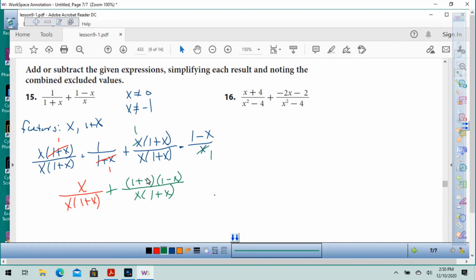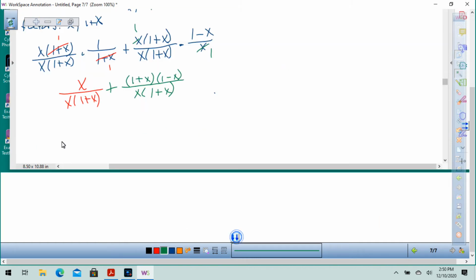Now, let's see here. To add this to that, I'm going to have to combine those. So let's do that. What do we got? x over x times (1 plus x) plus, and then 1 times 1 is 1, and then 1 times negative x is minus x, that's going to be plus x, and then x times negative x, that's going to be minus x squared.